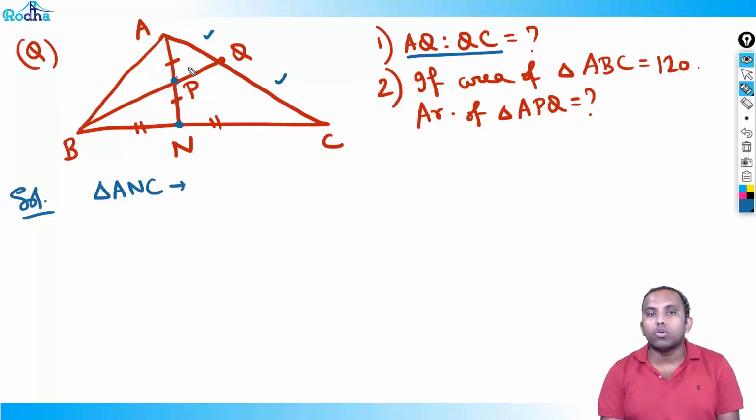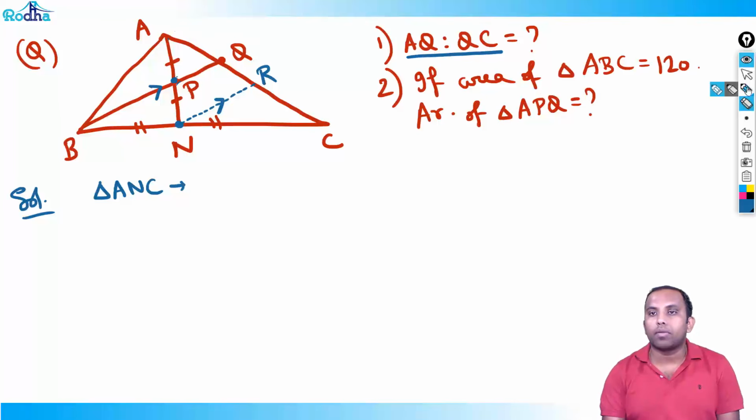So what I should do here, since N is a midpoint, is draw a parallel line which is parallel to BQ. So BQ is parallel to, let's say, NR.